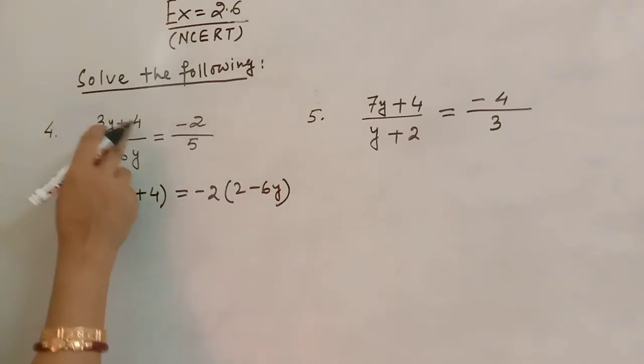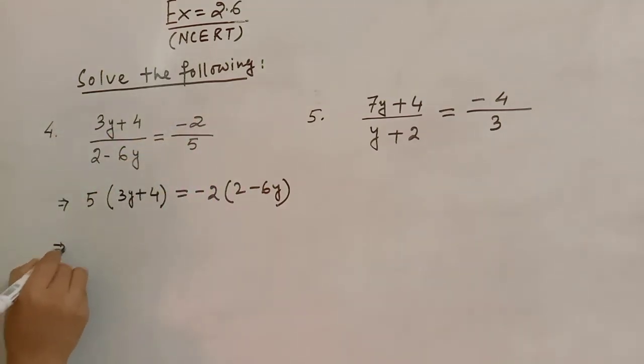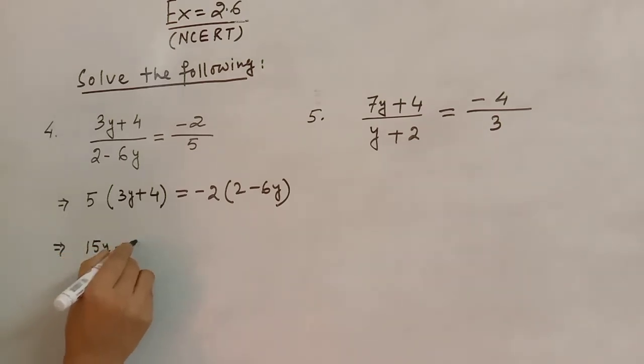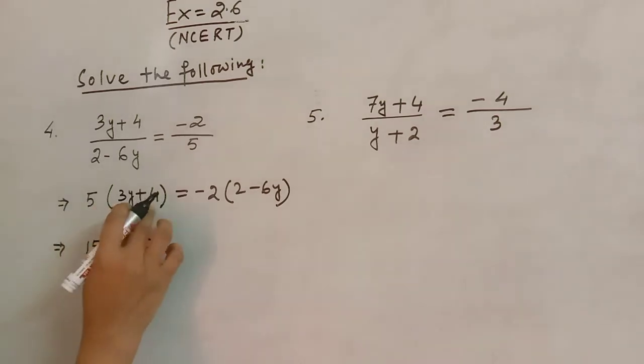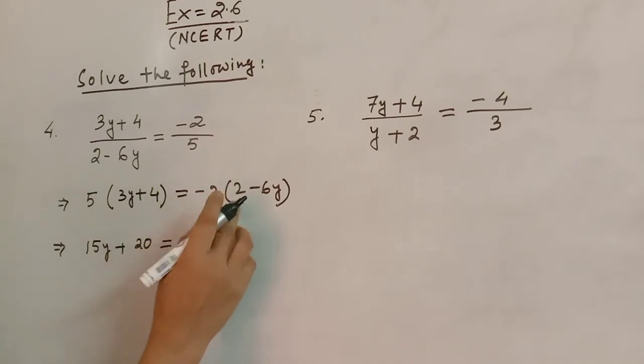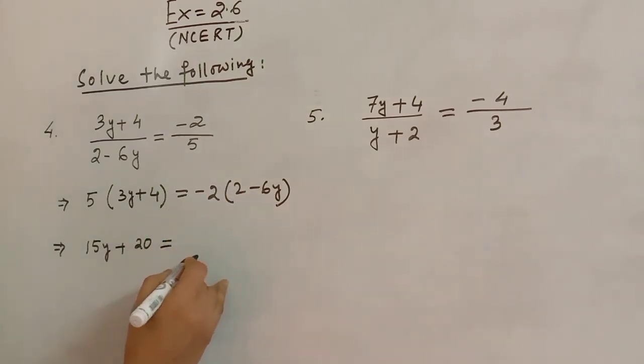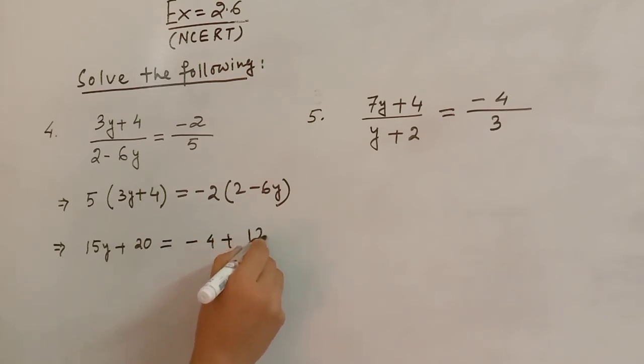This to this and this to this. Now 5 into 3y, 15y + 20, 5 4s are 20, equal to -4 + 12y.